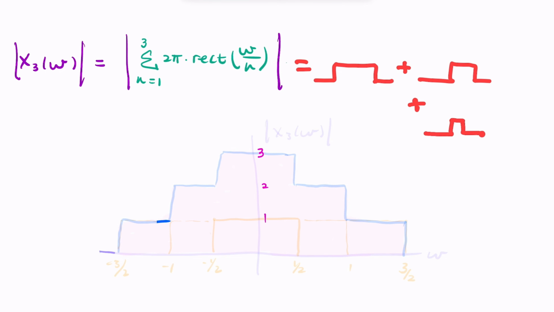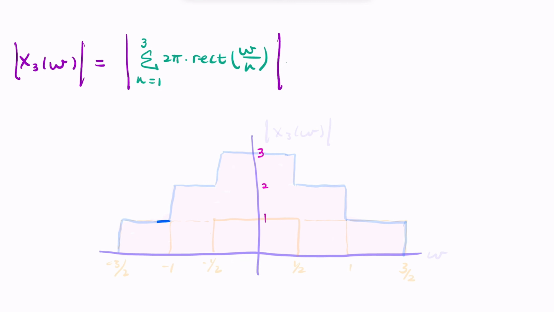And again, if we wanted to sketch this, it would simply look like three rectangular functions overlapping. So the first rectangular function would have a width of 1. The second would have a width of 2.